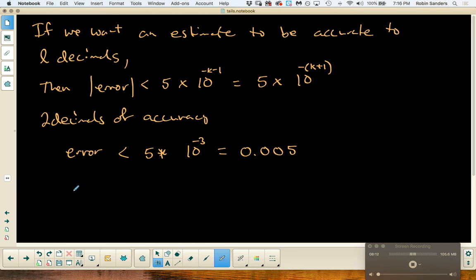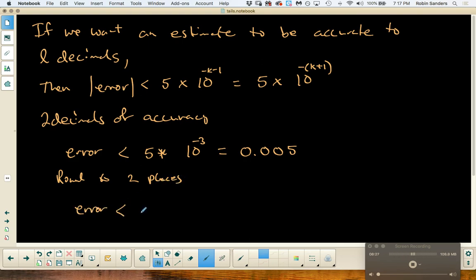That's true because any error that is less than 0.005 will round to 0.00.